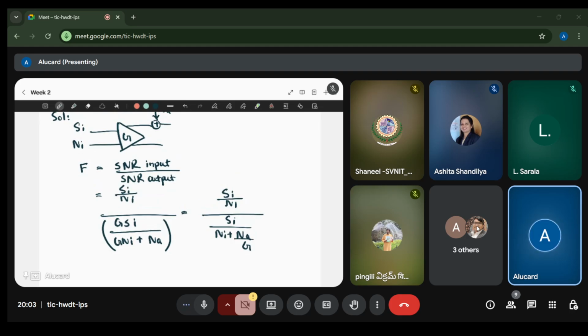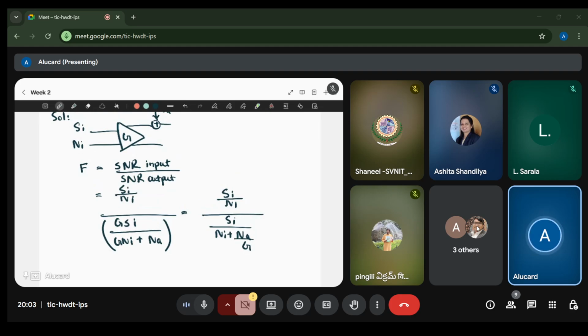So effectively, what is happening here is, initially you had some noise when you pass the signal and noise through an amplifier.